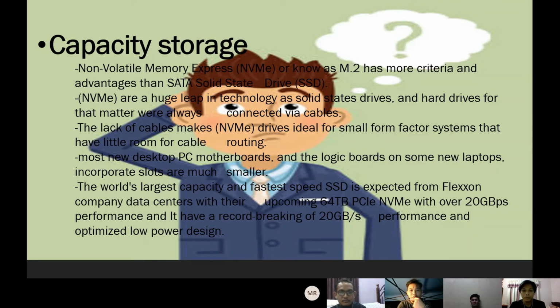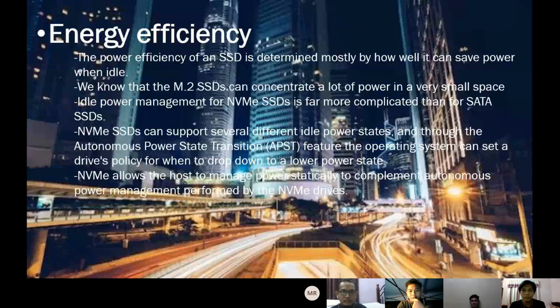The power efficiency of an SSD is determined mostly by how well it can save power when idle. We know that the M.2 SSD can concentrate a lot of power in a very small space. Idle power management for NVMe SSD is far more complicated than for SATA SSD.